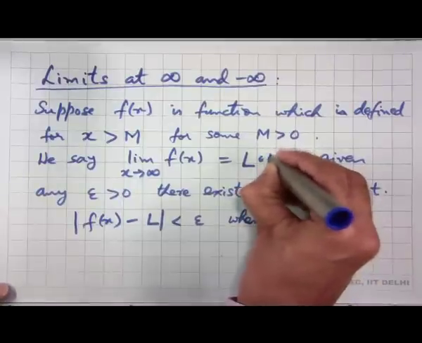Right. So, limit at infinity just means that the limit as x goes to infinity is a number L if you can make f of x arbitrarily close to L whenever x is very large. Right. So, here L is a real number.